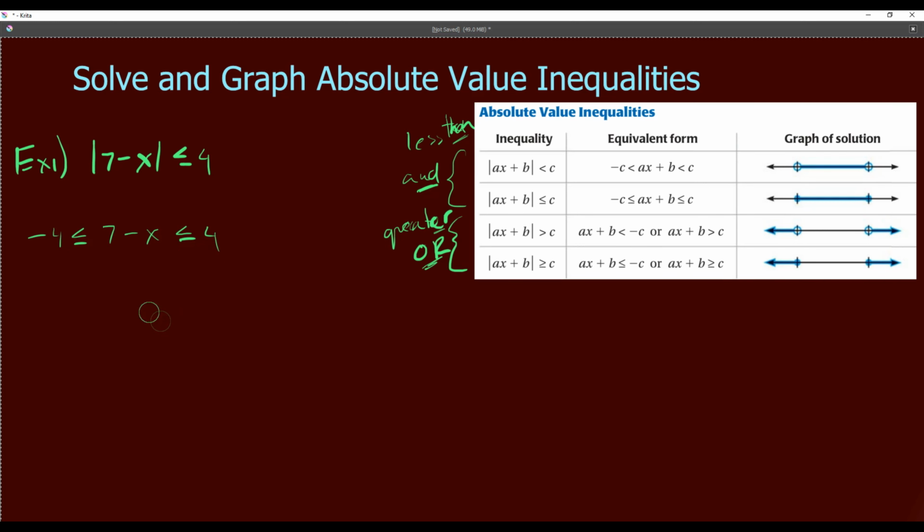All right, so here I want to subtract the 7 from all three sides, right? So subtract 7 from all three sides. I have negative 11 less than or equal to negative x is less than or equal to negative 3. But this is negative x, so I have to divide by negative 1 to get it to become a positive x.